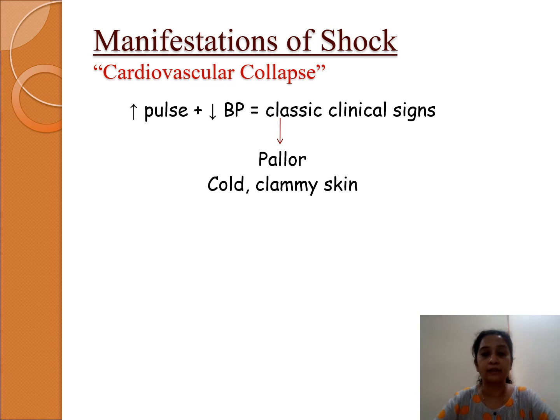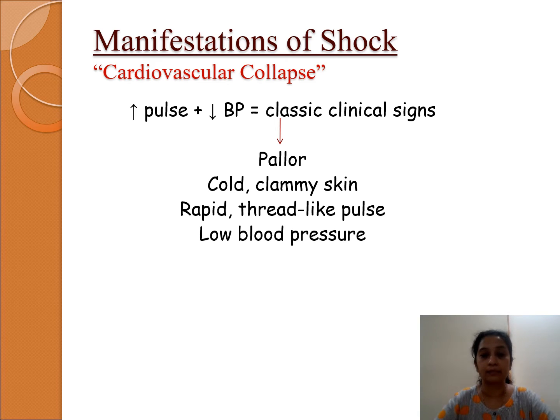There is pallor, that is whiteness, and the body becomes cold and the skin becomes clammy. It becomes cold and clammy. Then there is very rapid pulse and the pulse is very feeble, that is thread-like pulse, rapid thread-like pulse.